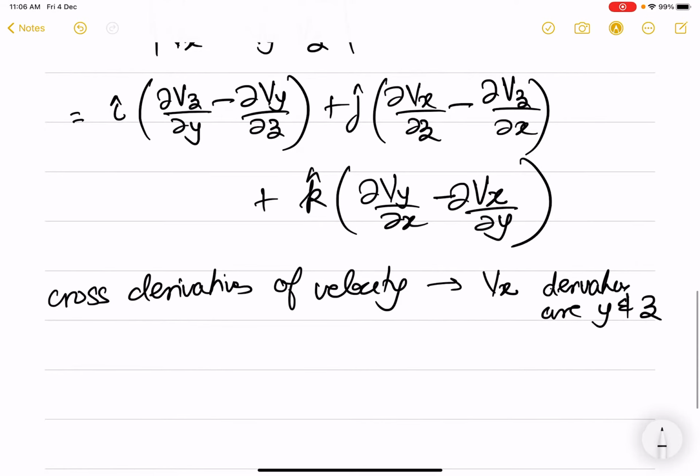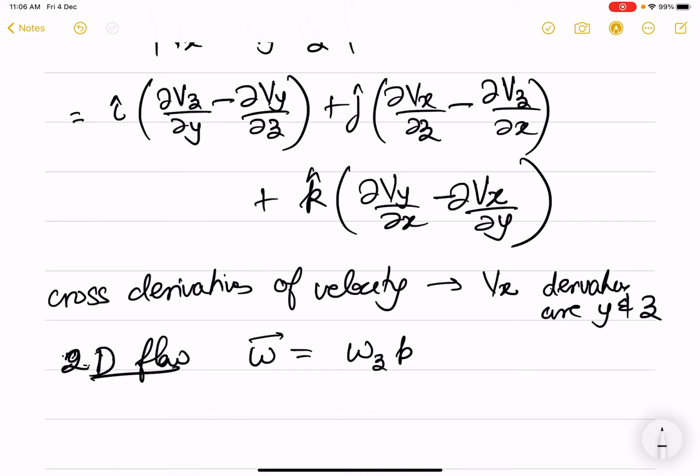Now if we look at two-dimensional flow, vorticity is equal to omega z k, or sometimes we will also use the symbol omega alone without any subscript with k.